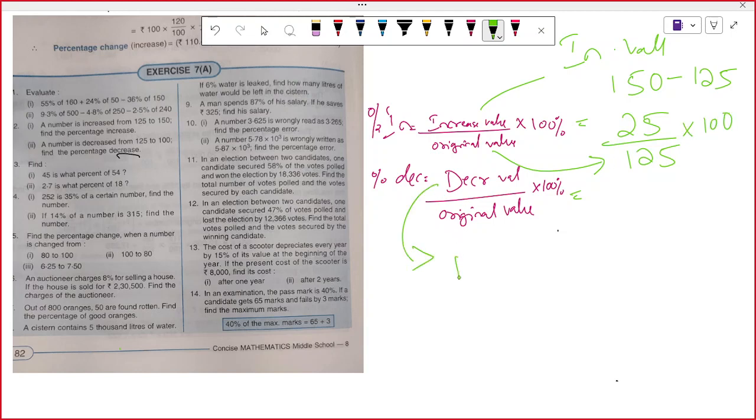In the second question, what is the decreased value? 150 to 125, so 150 minus 125 is 25. Even for this, you have to do this additional step. 25 divided by the original value.